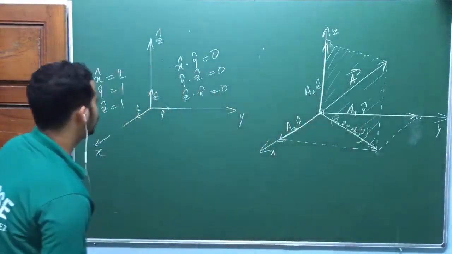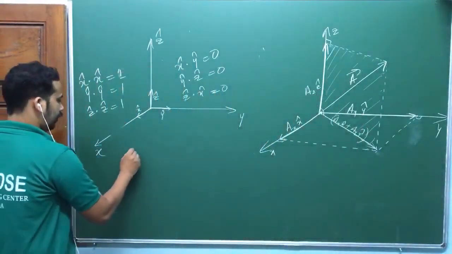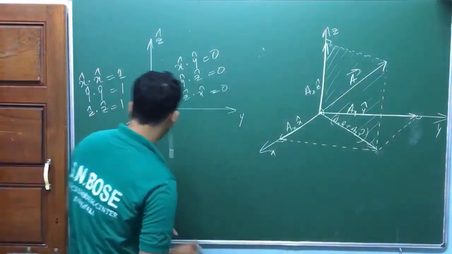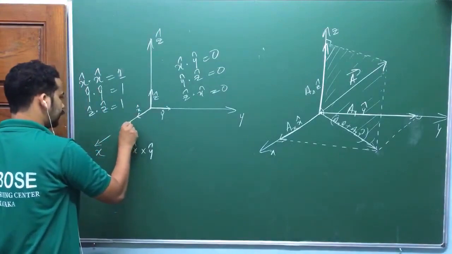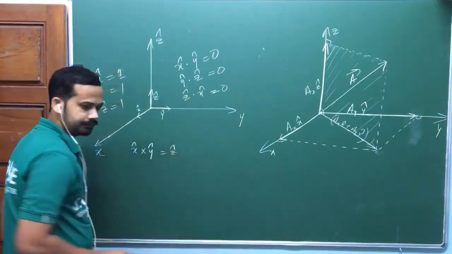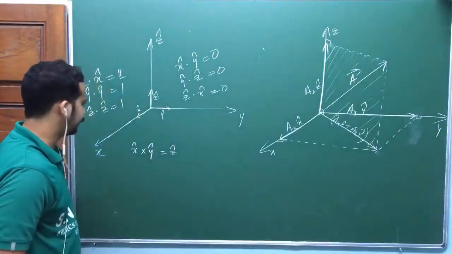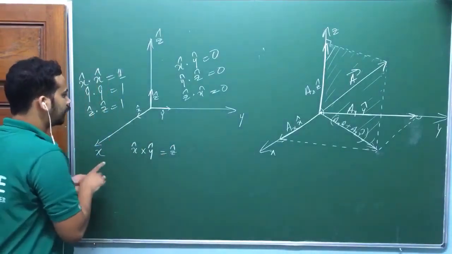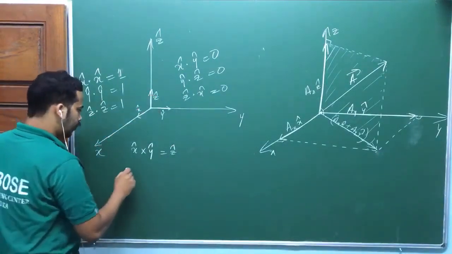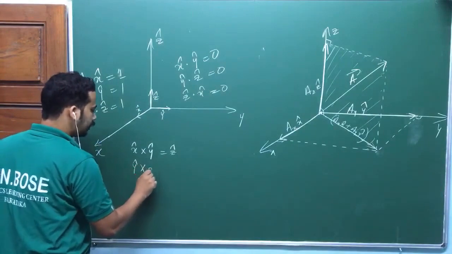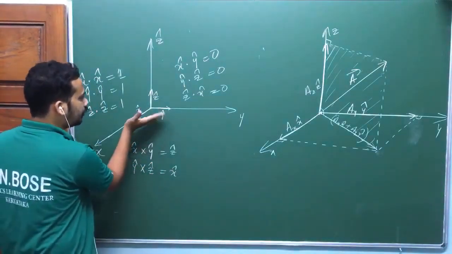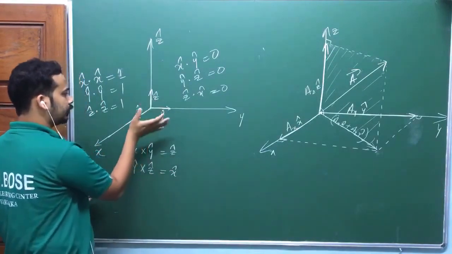Now one more thing is x cap cross y cap. Look at it. This coordinate system should be drawn like this only. This x cap cross y cap should be equal to z cap actually. Y cap cross z cap should be equal to x cap.